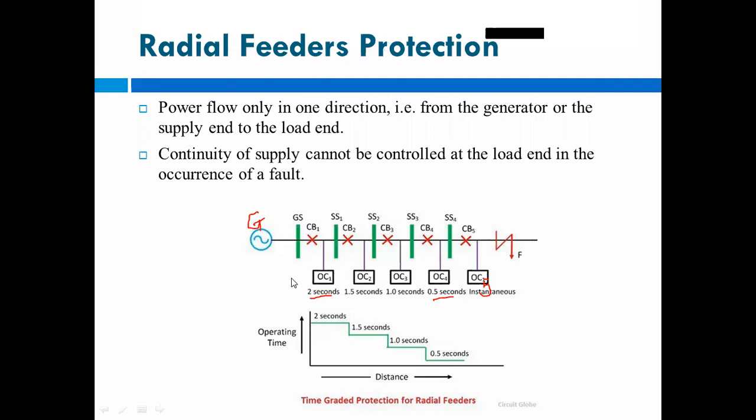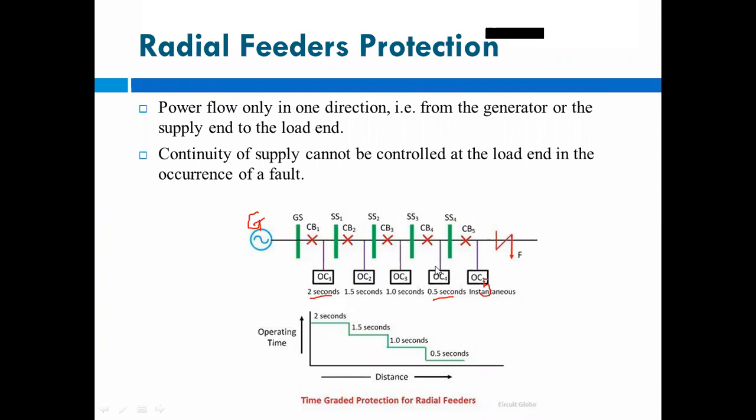And in this radial feeder protection, whatever supply is given by this generating station to the load point is in only one direction.